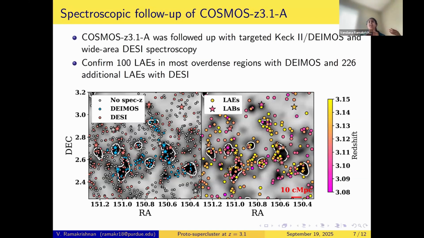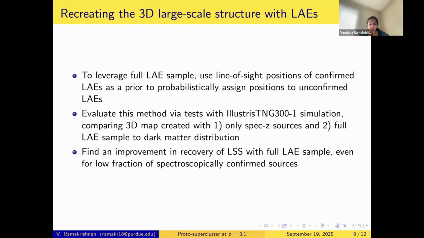It is not due to chance alignment of galaxies, but rather this is a very legitimate overdensity, right? So with these spectroscopically confirmed galaxies, we've set out to actually reconstruct the large-scale structure in 3 dimensions.